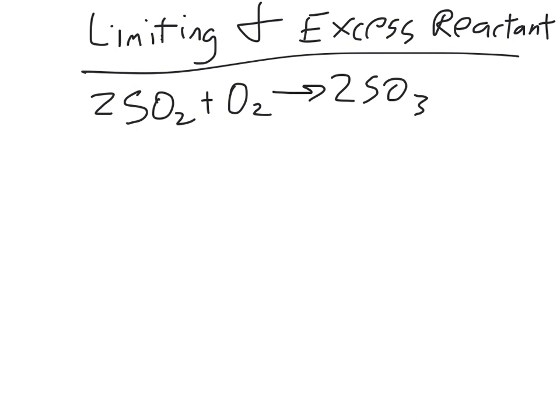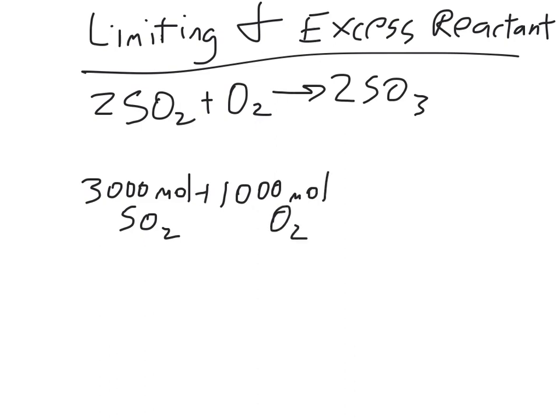Let's just assume we have some reactor and we just throw in the mix 3,000 moles SO2, 1,000 moles of O2, and we let this react, and we want to know how much SO3 we produced.